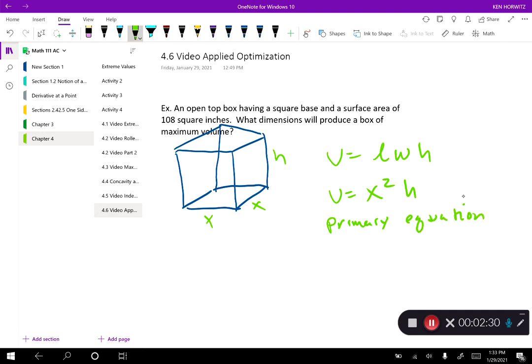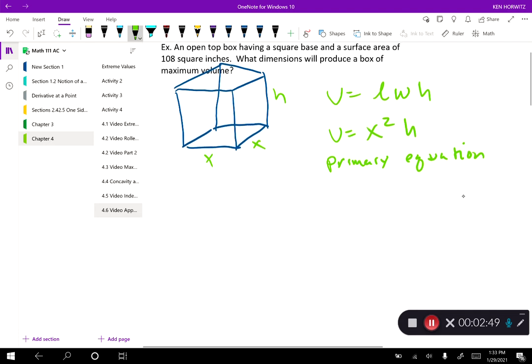The reason this is our primary equation is what we notice is we have two letters here. We have two variables, x and h. Number one, we're in single variable calculus, which means we can only have one variable. And second of all, if we have two unknowns, we need two equations. So we need to figure out a secondary equation that we can use to help us solve our primary equation.